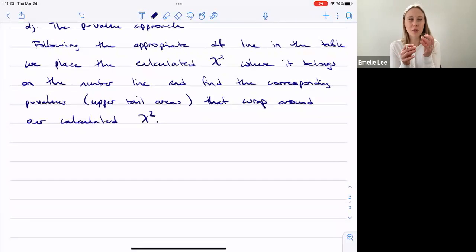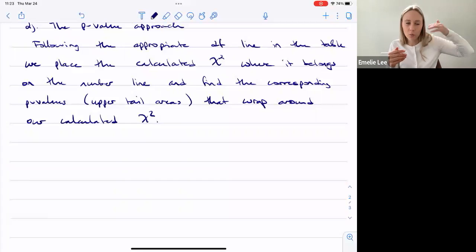Notice how I'm really distinguishing between the calculated chi-squared and the critical value. They're both chi-squareds, but one is coming from our sample, and that's the one we want to be working with. The critical value is just a value that we can compare it to.